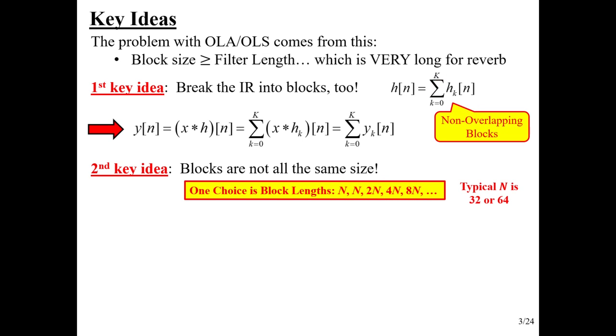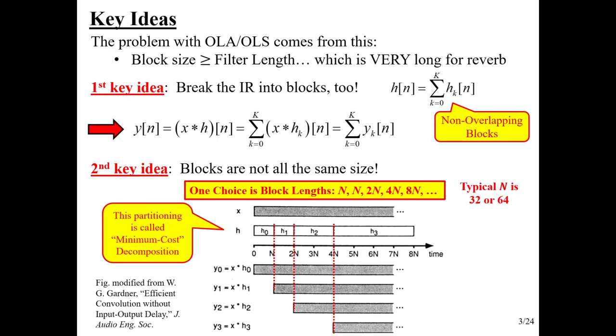Gardner says a typical n value for typical DSP chips at that time was 32 or 64. With today's processors, the choice of n might be different. But once you understand how this gets put onto a chip, you can determine the best choice of n for your particular application.